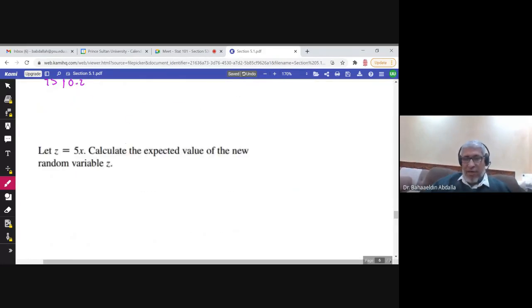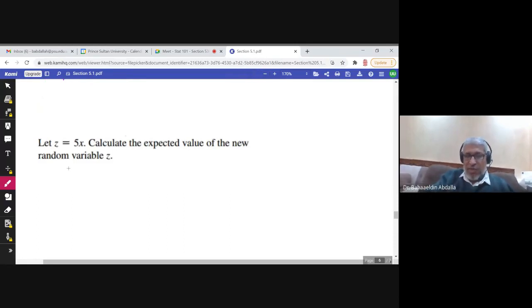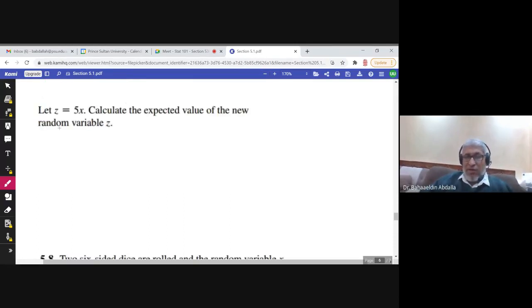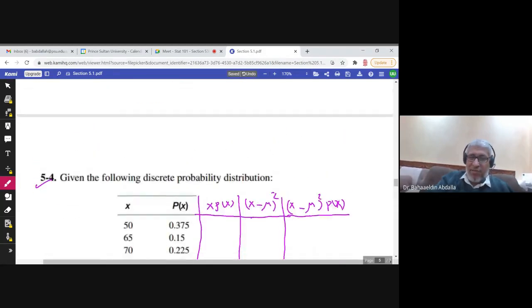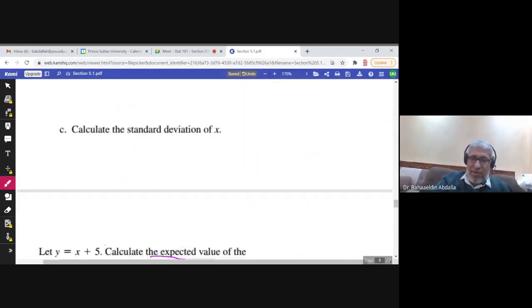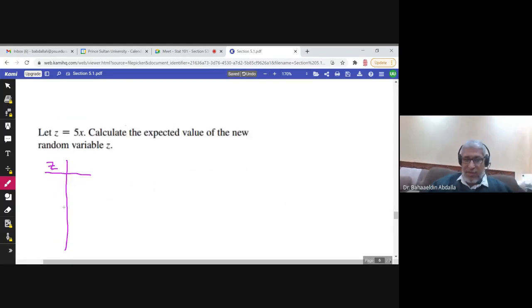Also here, another experiment. Do this experiment at home, please. Define a new variable z, but this time it is 5 times x. So you are multiplying each x by 5. So 50, for example, would be 250. Continue like this. And the probabilities do not change. The probability is always the same, 0.375, up to 0.2.